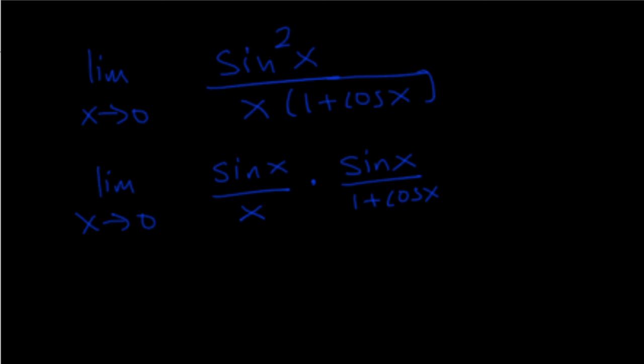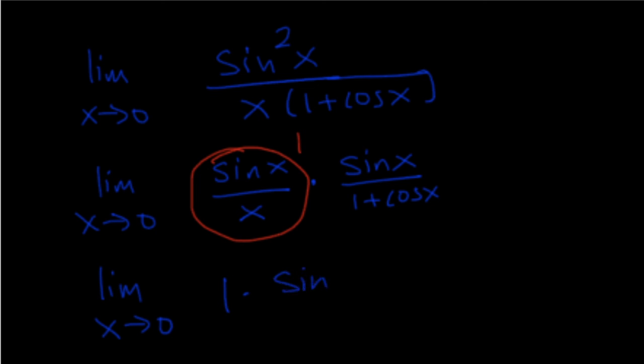Okay, I know from the last proof that the limit as x approaches 0 of sine x over x is equal to 1. So this thing right here is equal to 1. So I have 1 times sine x over 1 plus cosine x.